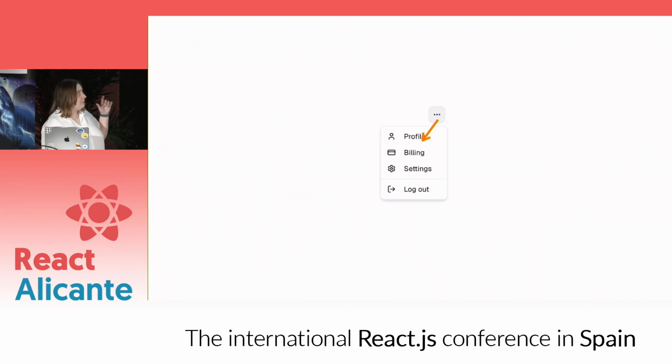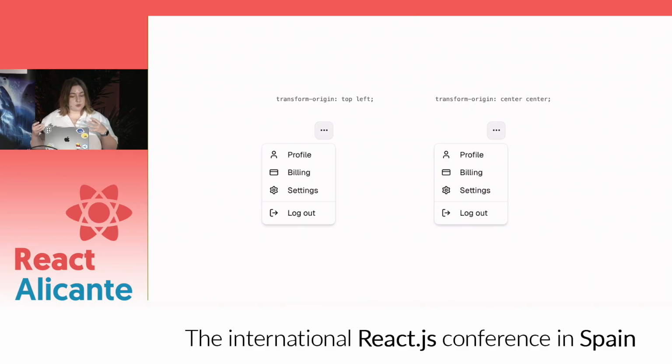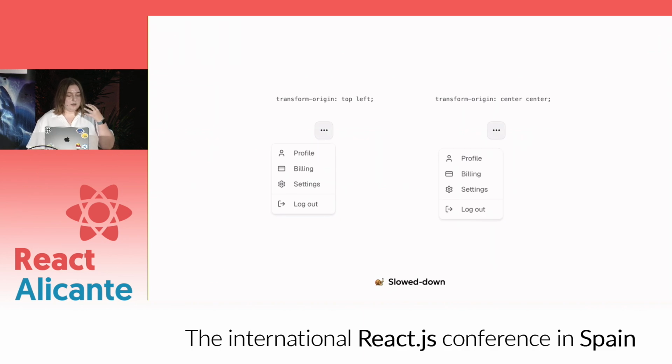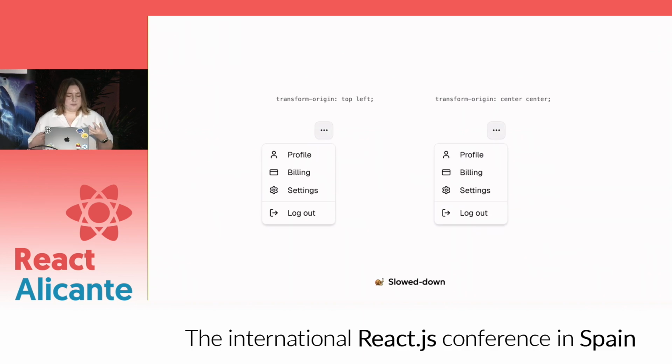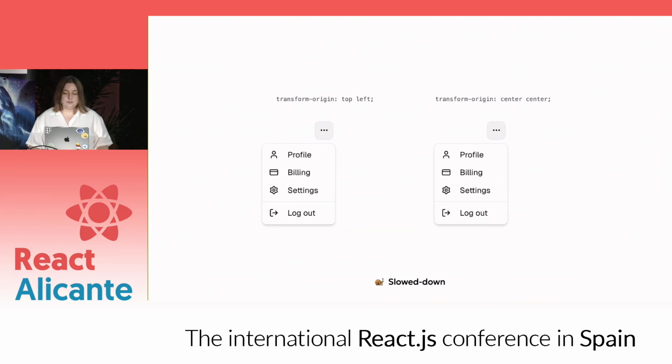One really useful application for this is in drop-downs and different popovers. For example, you can see here a comparison of a drop-down going from the top left corner and from the center. Notice how the one that goes from the button almost feels like the button spawns the popover and creates a more connected experience.